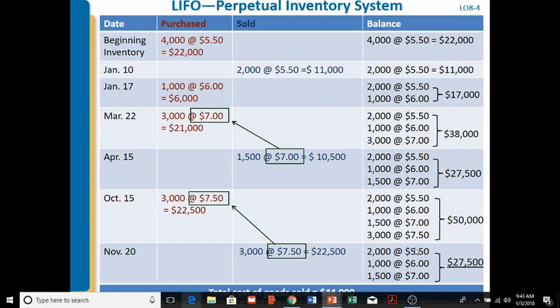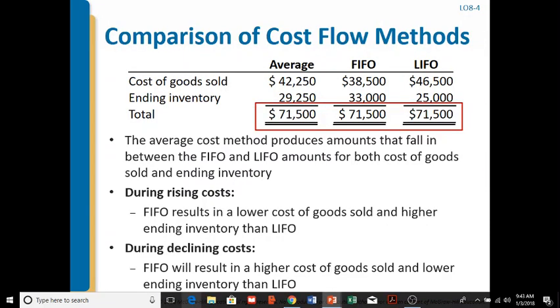It's done at the time of each purchase, which is going to make the numbers different. Now notice that you're going to have the same total amount of cost of goods sold plus ending inventory, but the mix is different.